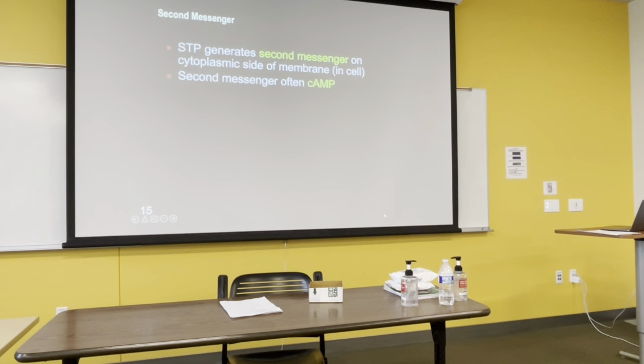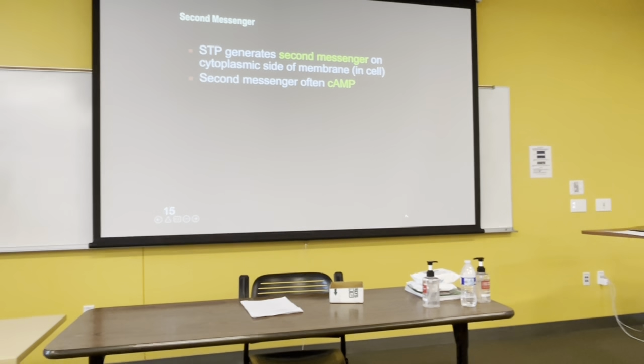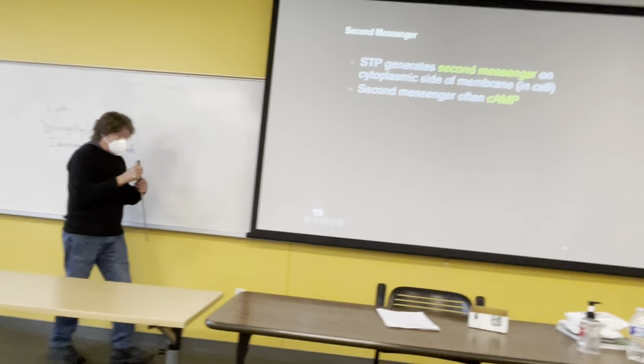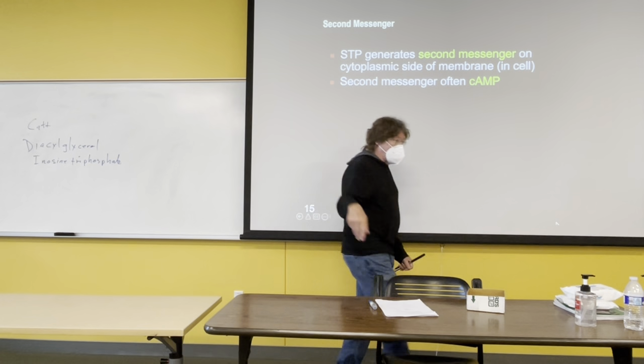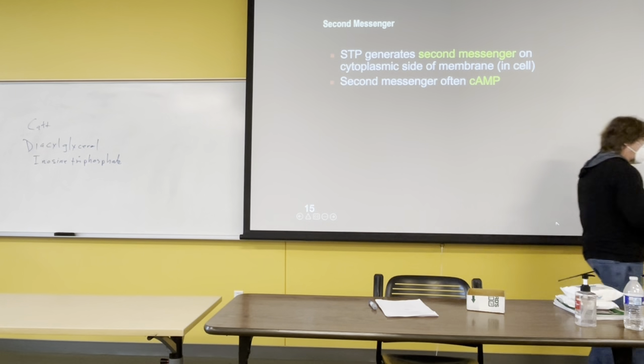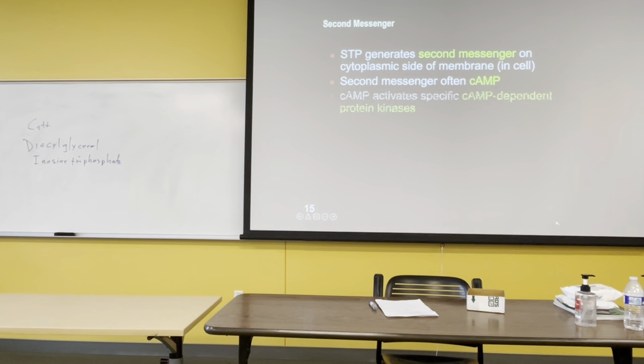Sometimes there's something called diacylglycerol and adenosine triphosphate. These things are sometimes also secondary messengers. I'm not going to go into any details about what they do. Just want the generalities here of what's going on.